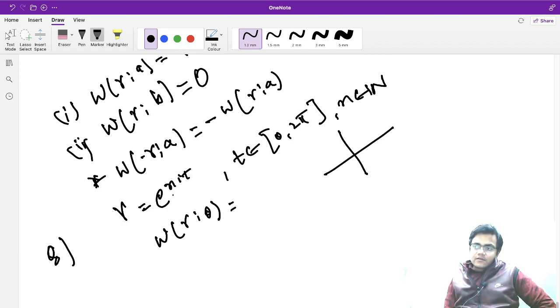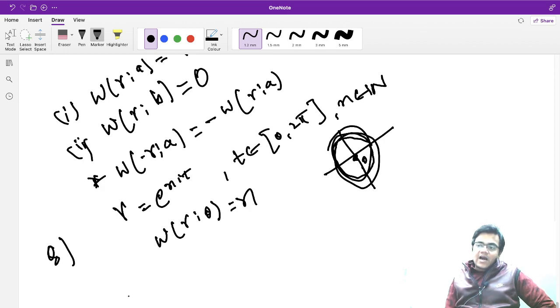For n equals 1, it will be a circle like this. For n equals 2, you get a complete revolution again. For n equals 3, n equals 4, again you get revolutions. So around 0 there are n curves, so its winding number will be n.